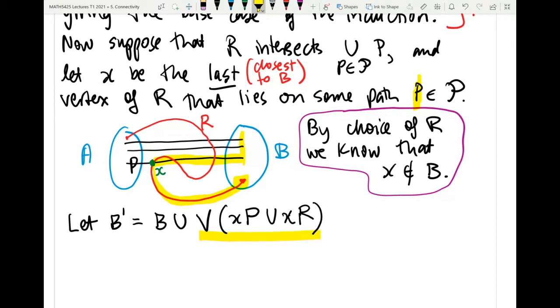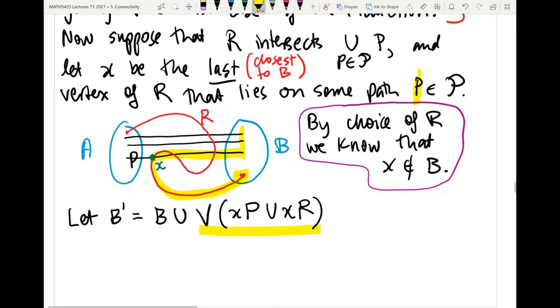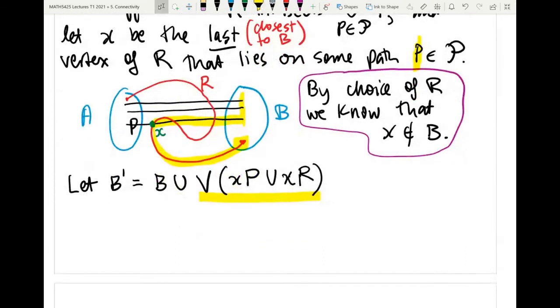So this is the vertex set of those two end portions of the path after X. Okay, so I don't know if my picture is now helpful or not, but that's what we do to B. We make it bigger. So it's strictly bigger because X doesn't belong to B.